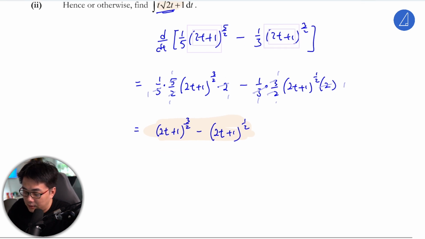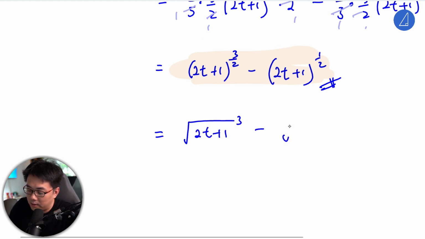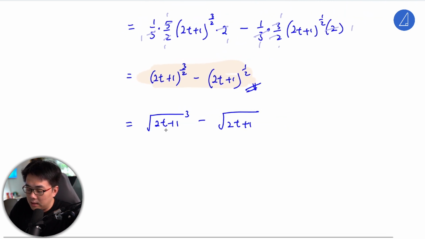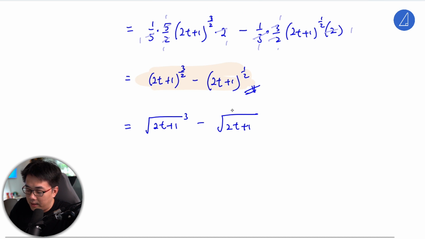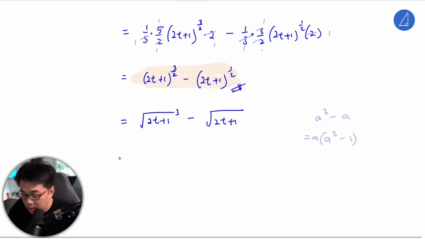So you can see that this case here shouldn't be an issue. What we do is we just remember (2t + 1)^(3/2) minus the square root of 2t + 1. So if I have something like a cube minus a, this will be a times (a squared minus 1), right? It's the same thing. Factorize out the root of 2t + 1.